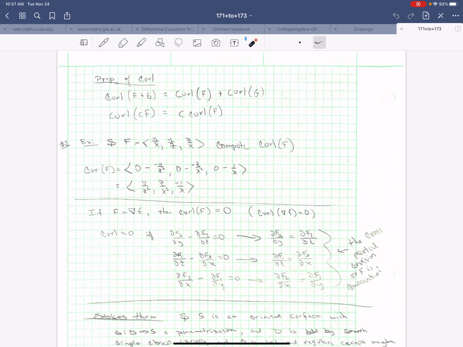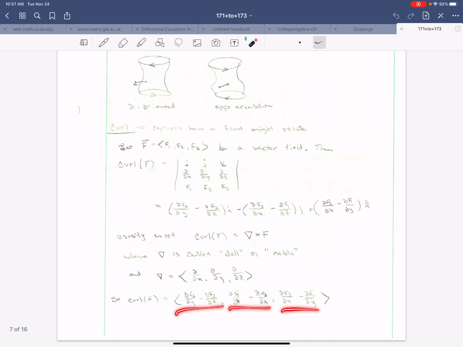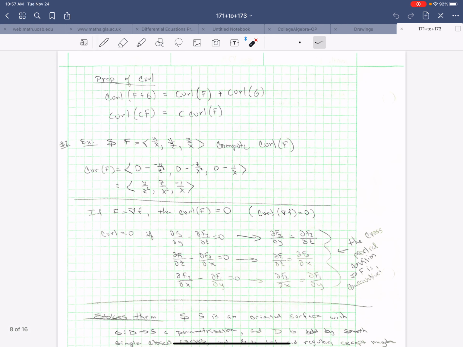The reason it's true is because, remember, if a vector field's conservative, it satisfies what we call the cross-partial condition. And so if you subtract these the right way, you can move them all over and get them to be 0. But these pieces are exactly what show up in the way that the curl is defined. And so that's what you need to know right now for the curl.